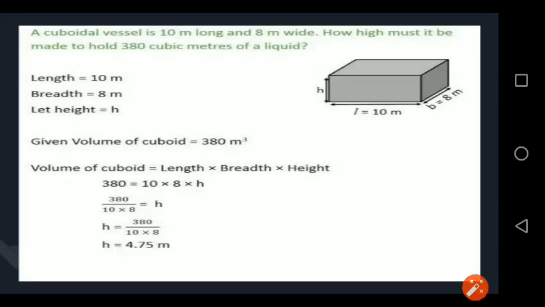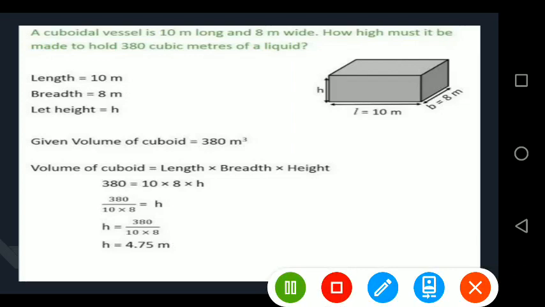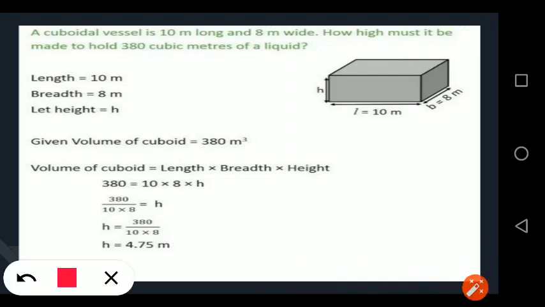Next question says that a cuboidal vessel is 10 meter long and 8 meter wide. Length is 10 meter, breadth is 8 meter. Oh, what about height? It is not given. Let's read the question more.